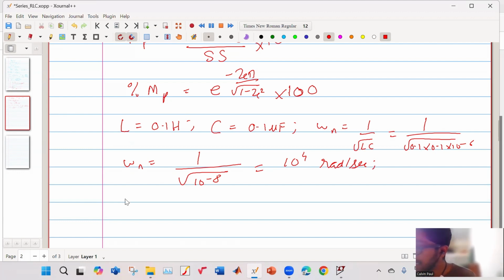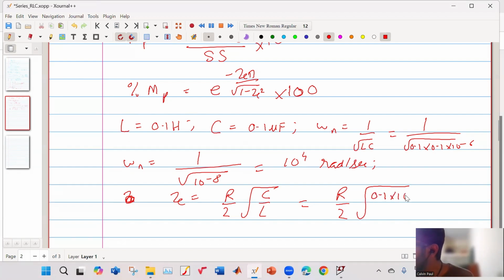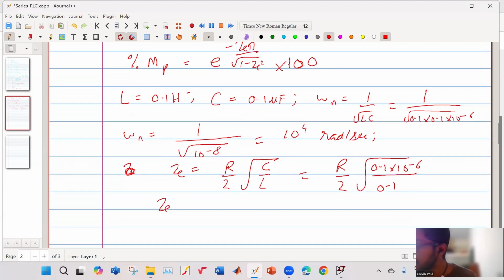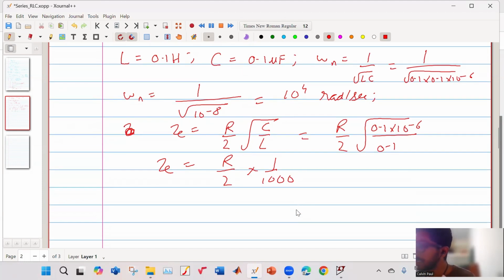Now, the main thing is I want to know my damping. So my damping is given by R by 2 root C by L. So this is equal to R by 2, C is 0.1 into 10 to the power minus 6, L is 0.1. So my damping is given by R upon 2 into 1 upon 1000. Okay.